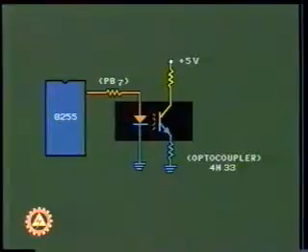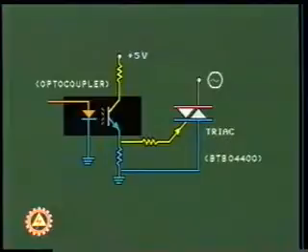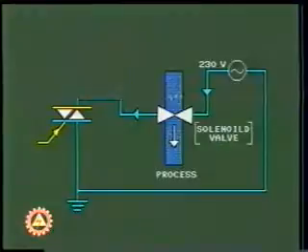The PB7 line of 8255 port B is connected to drive an optocoupler, which provides isolation between the digital and control circuit. The optocoupler activates a 400 volts, 4 amperes triac, which in turn activates the solenoid valve.